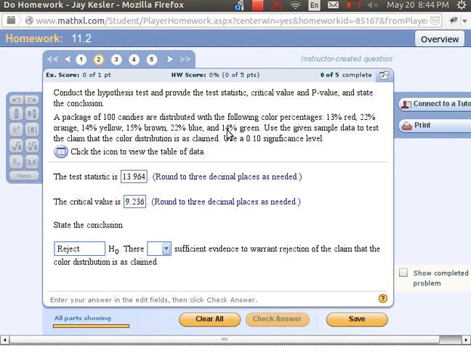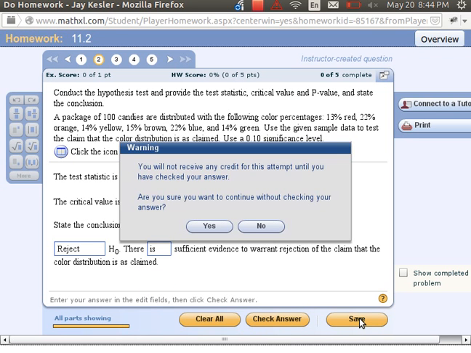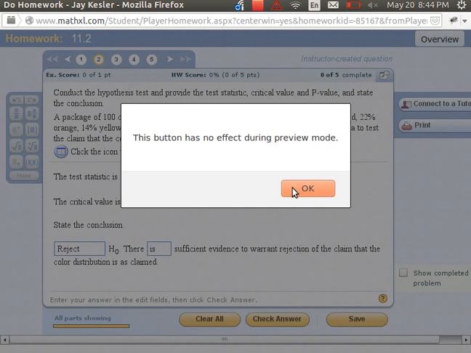The null hypothesis is the one that has all the equals. So the null hypothesis comes from our claim. If we're rejecting the null hypothesis, then we can reject the claim. So there is sufficient evidence to warrant rejection of the claim. Oh, I guess I got to check my answer.